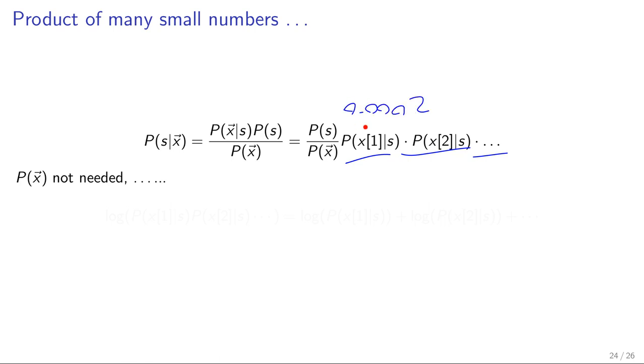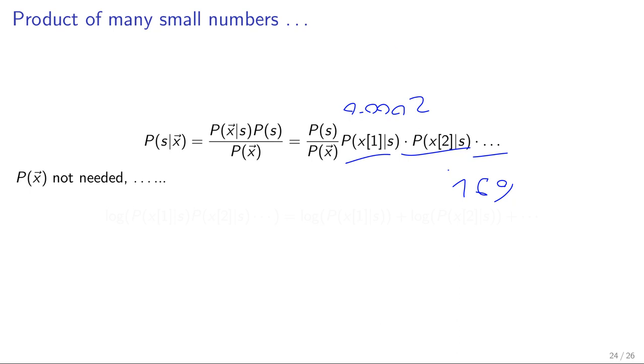If you imagine you have, in our case, 169 features, but you may have more, you get something like underflow, and your computer will just output a 0, right?